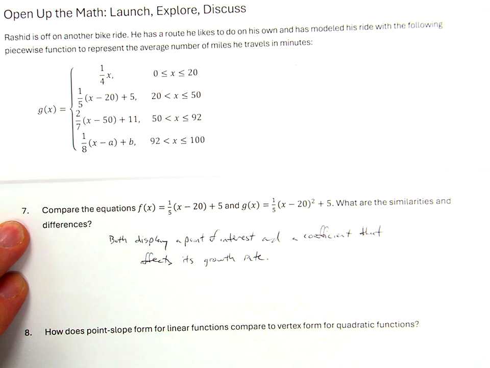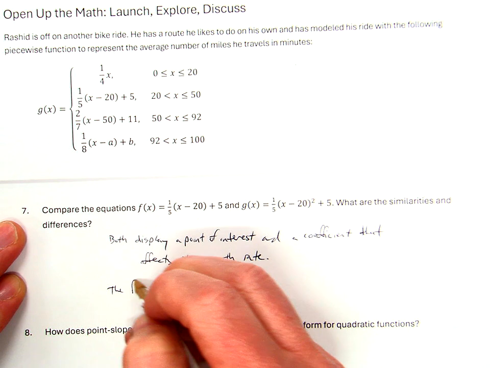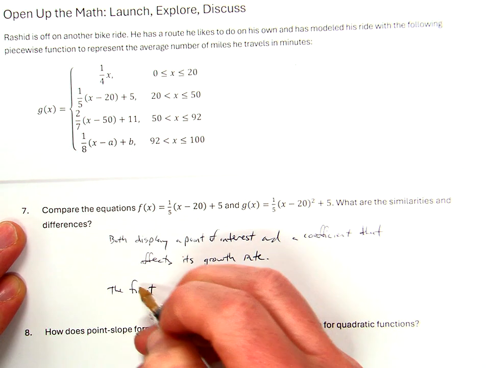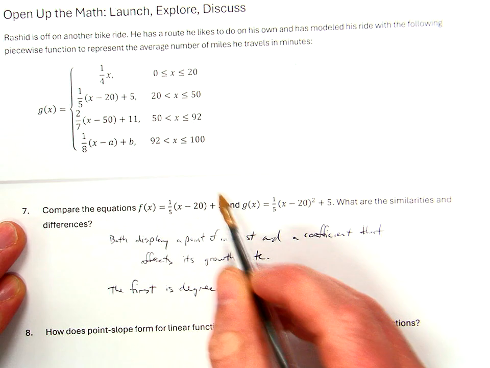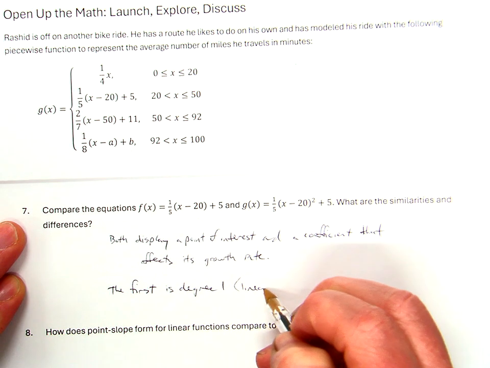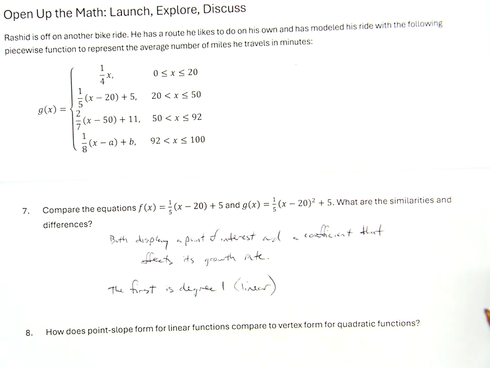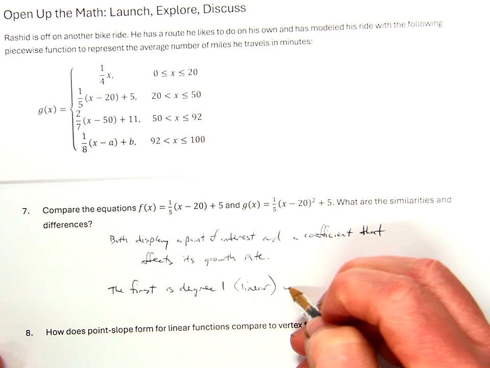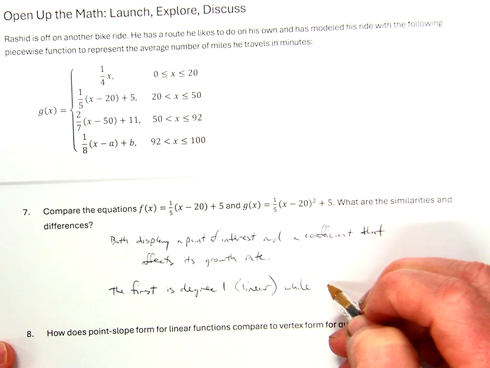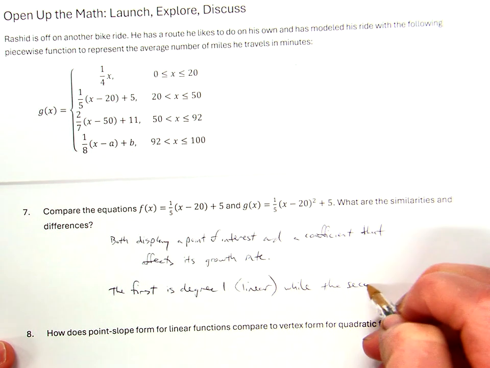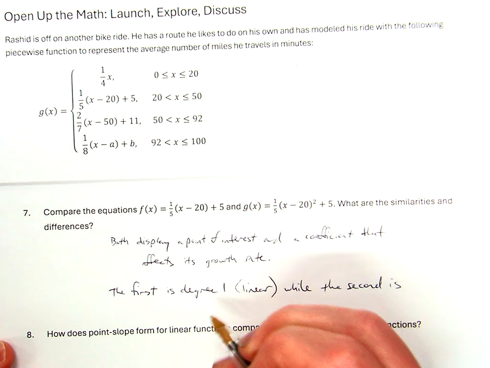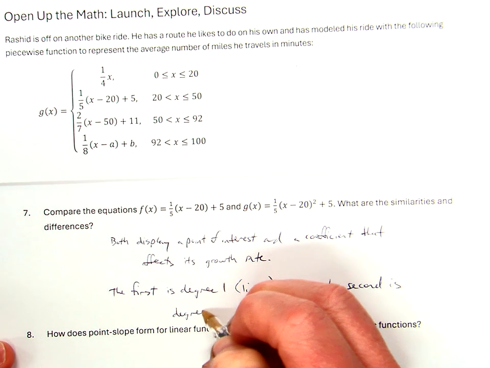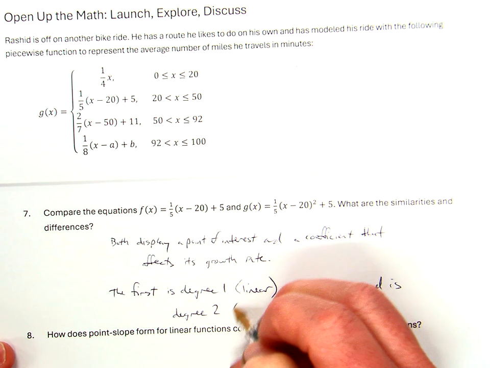In terms of differences, I'd say the main difference is that the first is degree 1, meaning that it's linear. That's probably the most obvious difference. While the second is degree 2, which is quadratic.